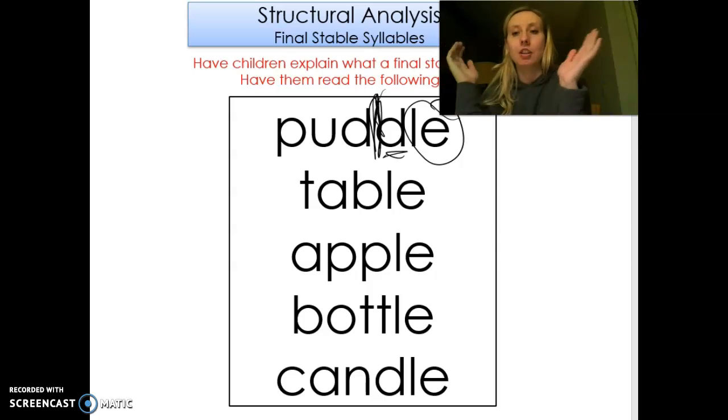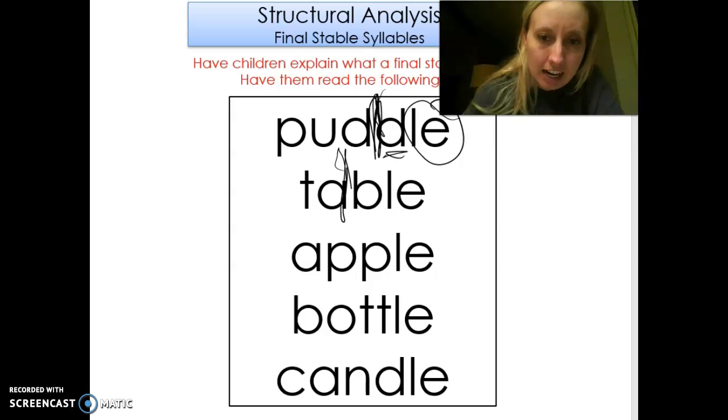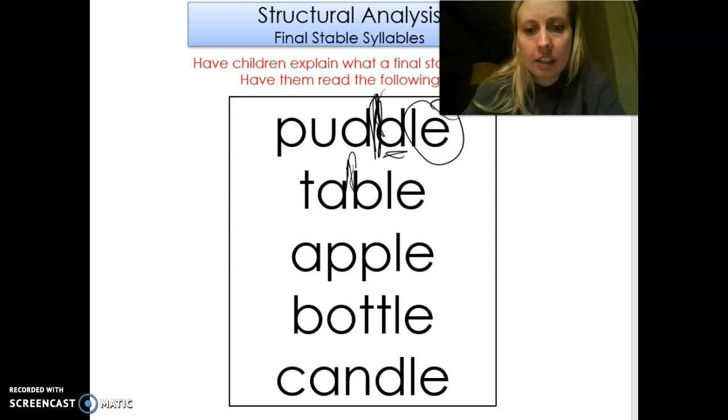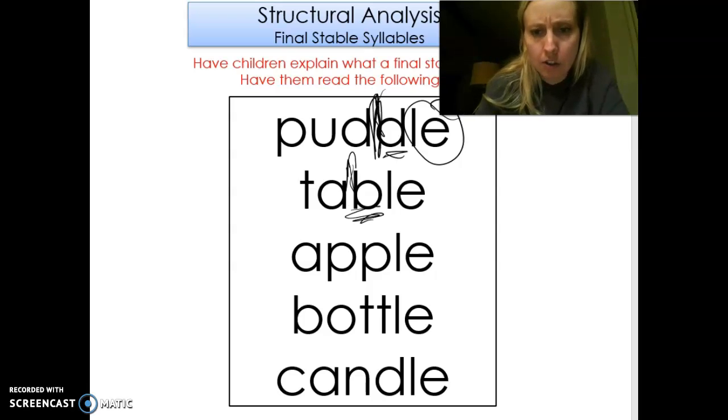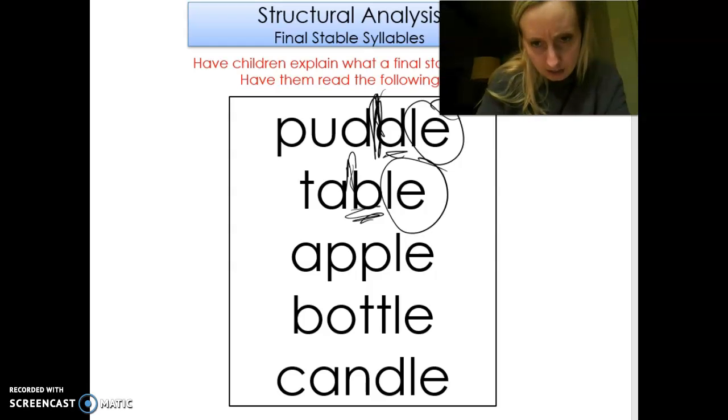Okay, table. Let's break it apart. We have our consonant LE, final stable syllable. Okay, next. Apple. Break it apart.